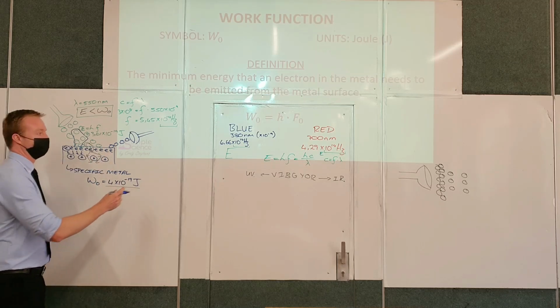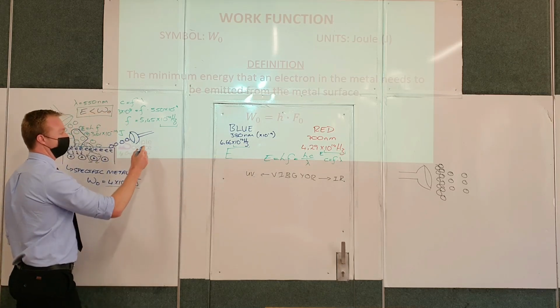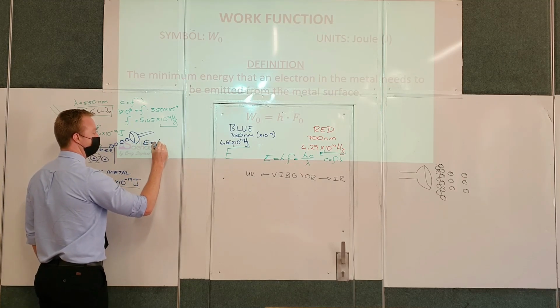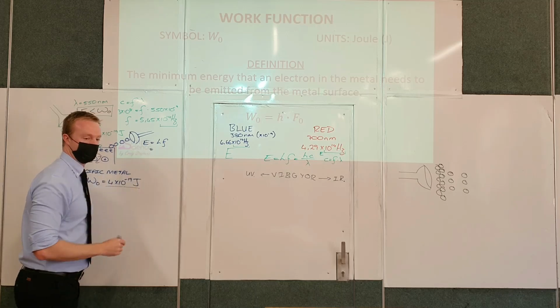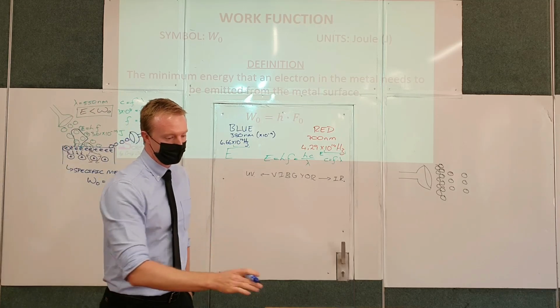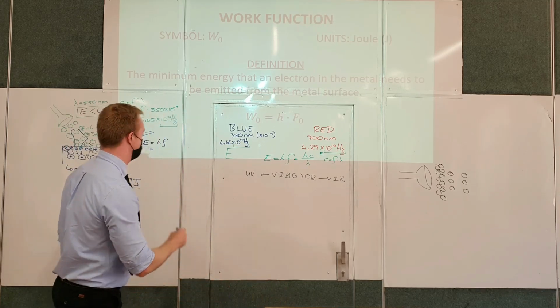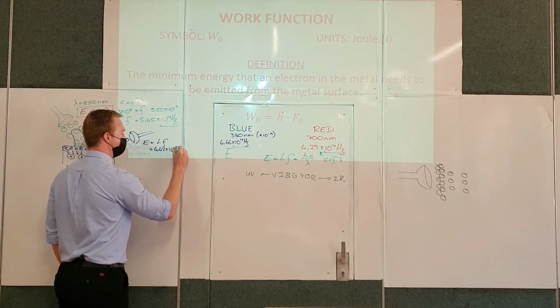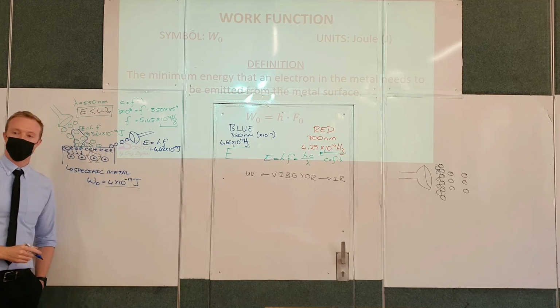Now blue light, as we've seen here, has that frequency, so the photon energy for blue light, Planck's constant times the frequency, is then 4.42 times 10 to the negative 19 joules.